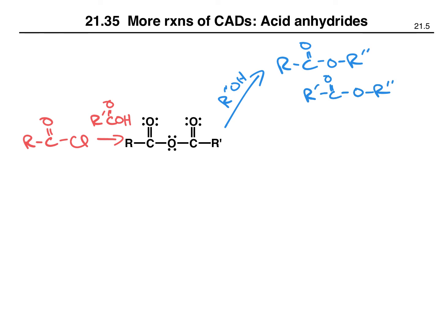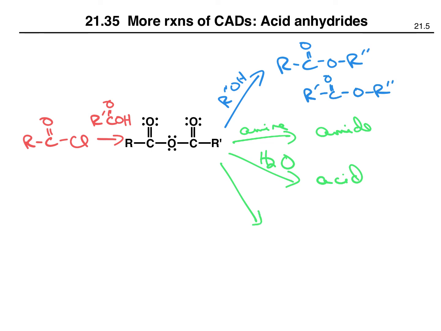The anhydride could be treated with an amine to form an amide. It can be hydrolyzed to give an acid. It can be reduced to give an alcohol. But for the most part, think about the anhydride.